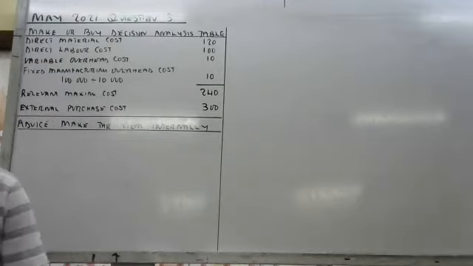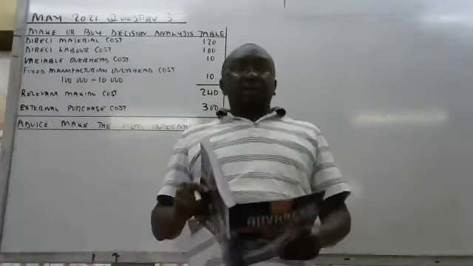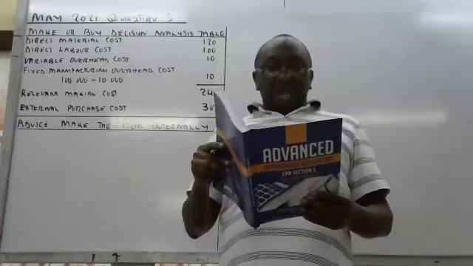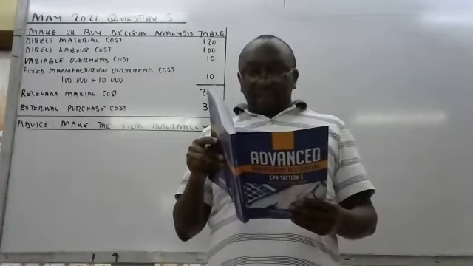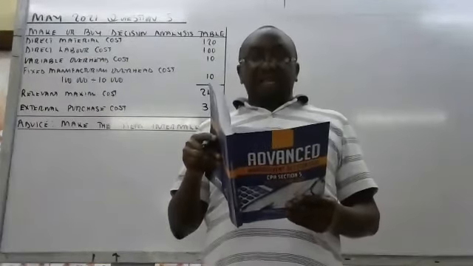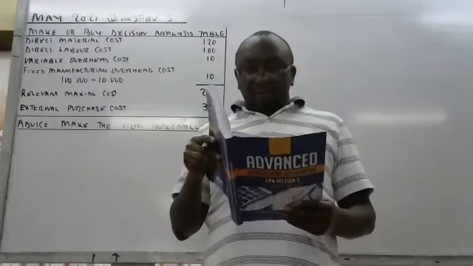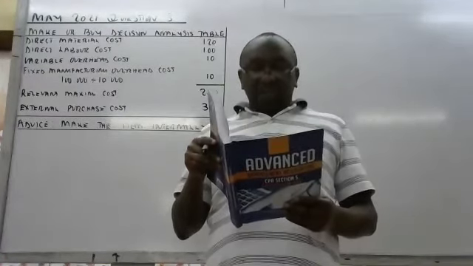Okay, then proceeding on to part two. Part two of the question says, assume now that the extra capacity that will be made available from outsourcing component A can be used to manufacture and sell 10,000 units of component B at a price of 340 per unit.